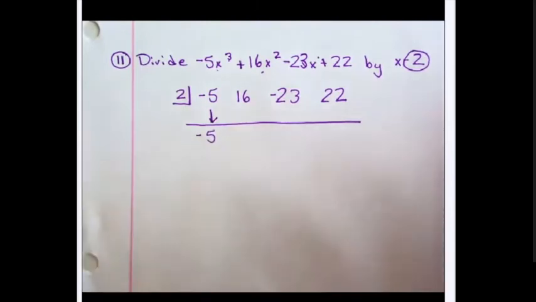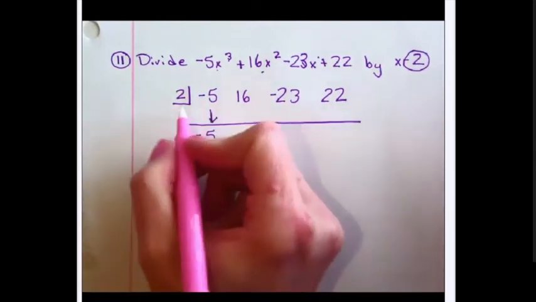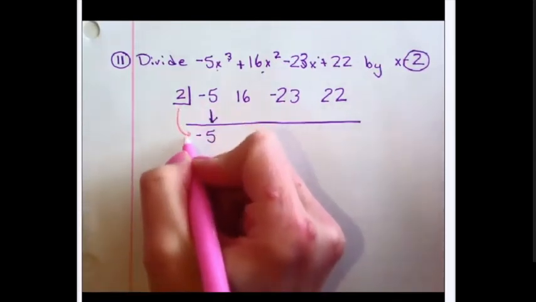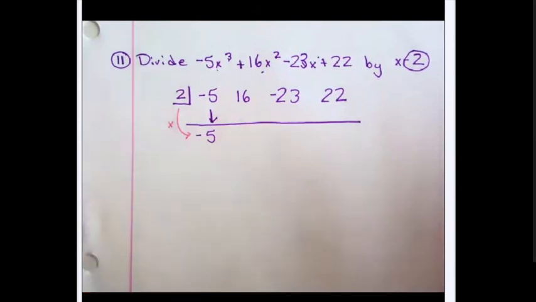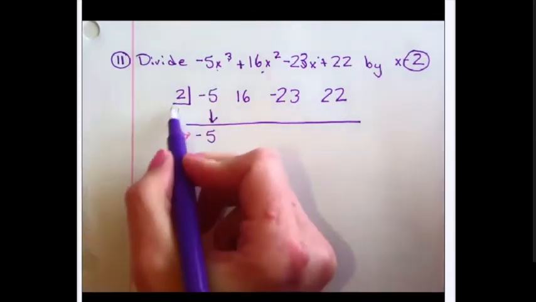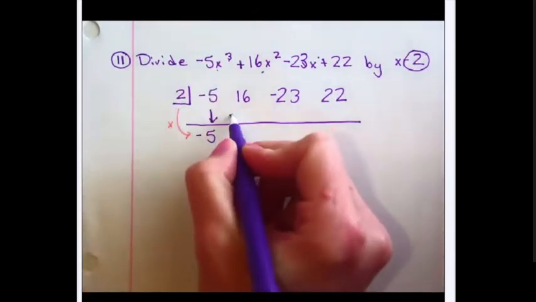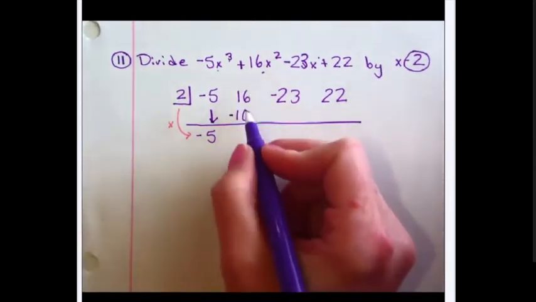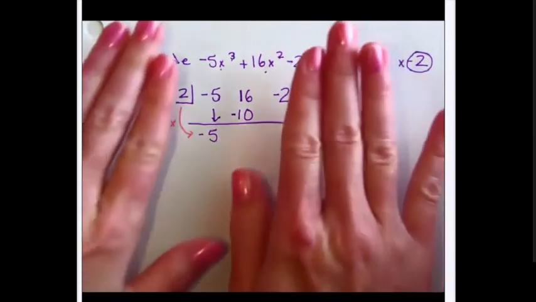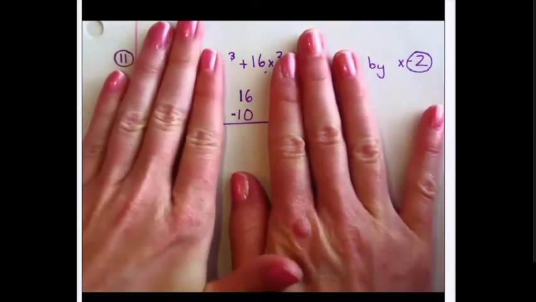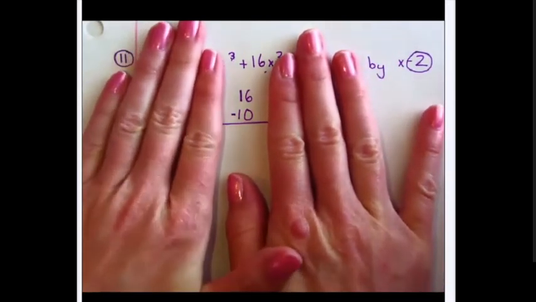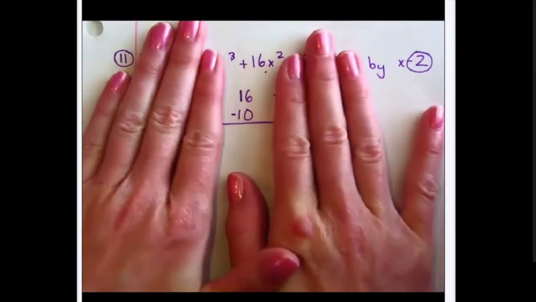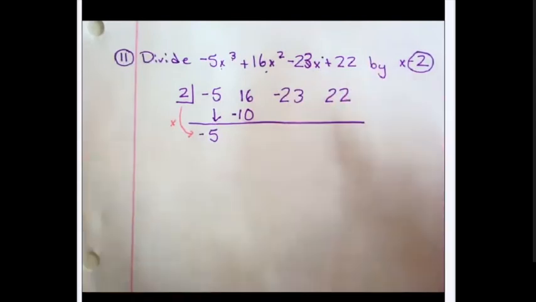And then we're going to start multiplying by whatever we have down here. So 2 times -5 is -10. And then we combine these. So it's just like if we got rid of everything else here, and that was just an addition or subtraction problem. So 16 minus 10 gives us 6. So that's how that works.